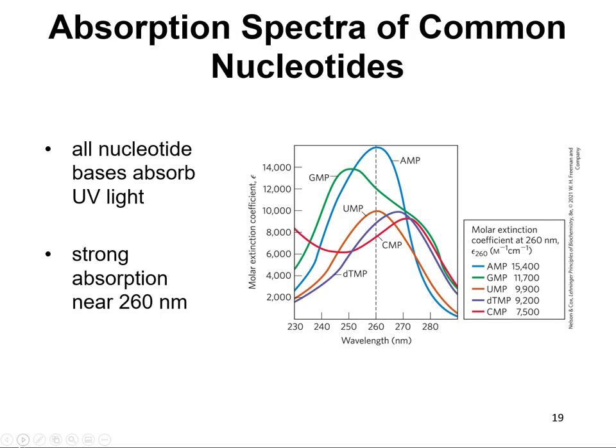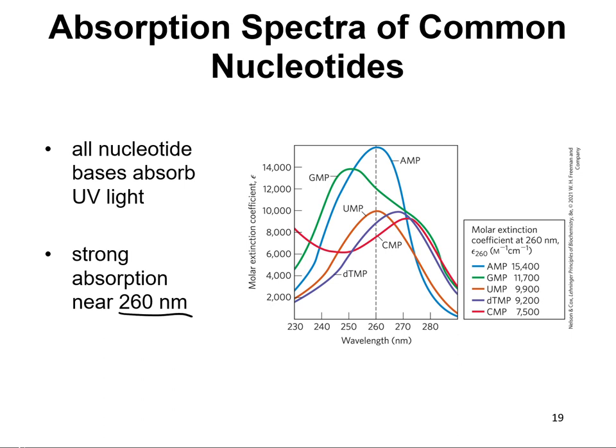All nucleotides absorb UV light, and they have pretty strong absorption around 260 nanometers. This is key in the lab. It is actually used to calculate concentrations of nucleic acids in solution.